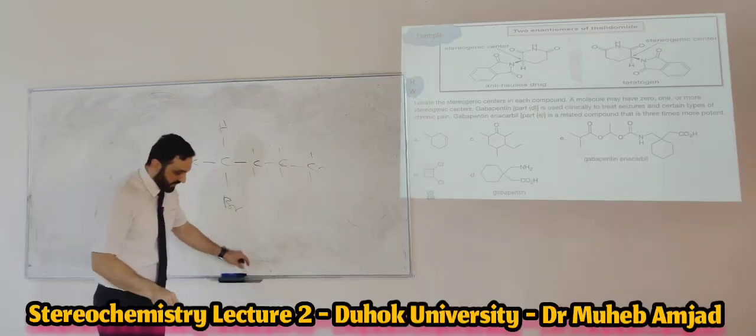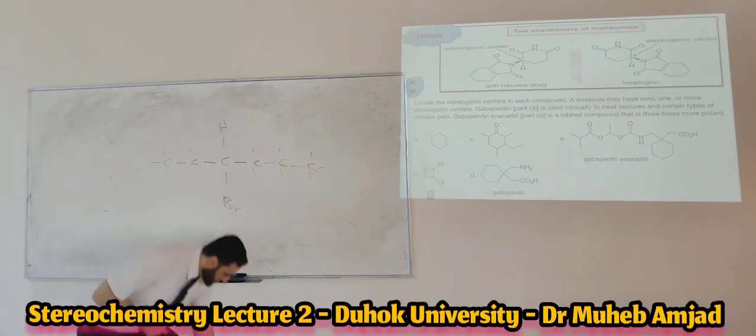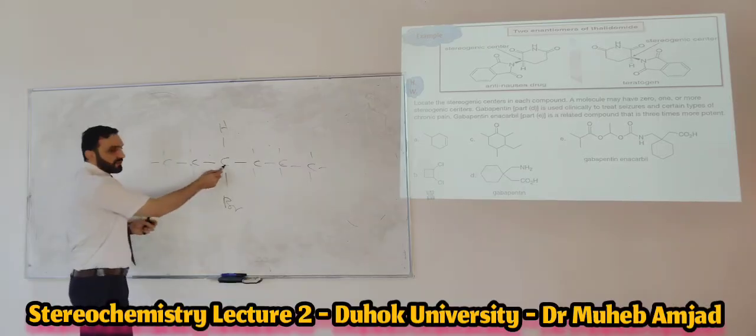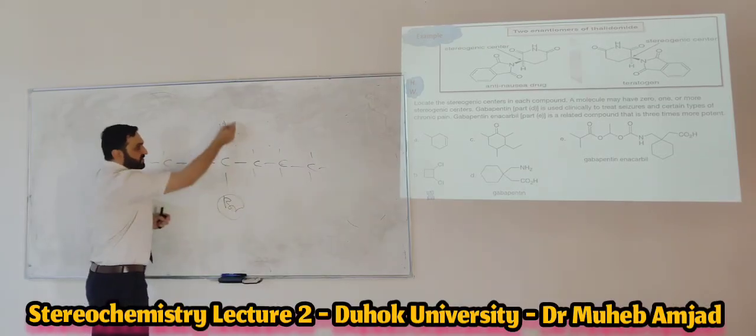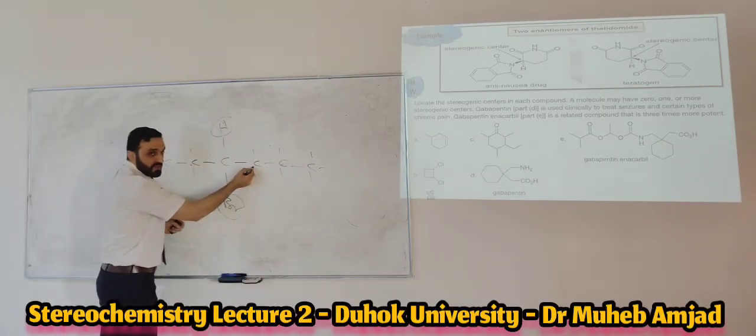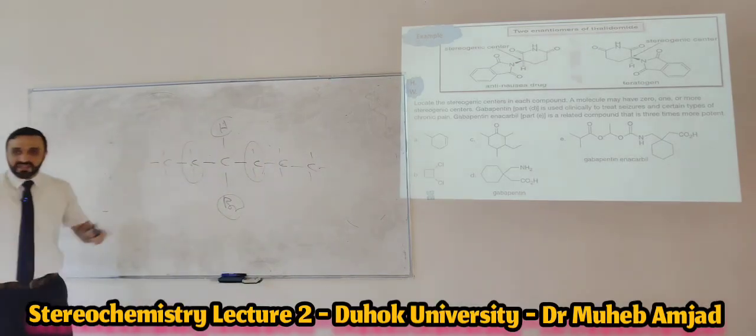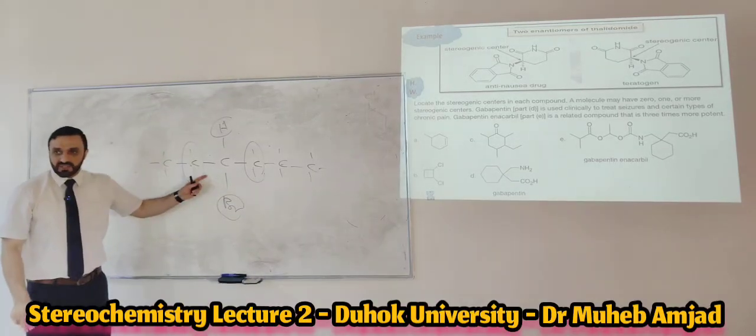Now, test it. This carbon has hydrogen and Br. Now, this is bonded to sp3 CH2, and this is also CH2. Don't say that they are the same atoms.